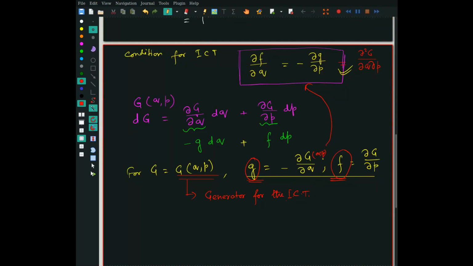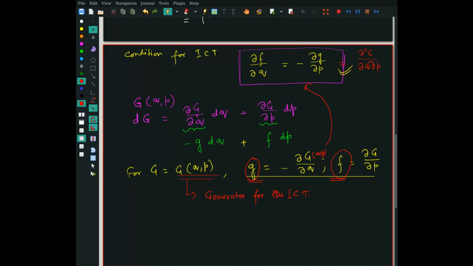That is no surprise. Now, remember, there would be another term called the generating function, which we will talk about later. Do not confuse the generator with the generating function as of yet. Generator is a different thing, and generating function would be discussed later. So this capital G generates the canonical transformation in hand.